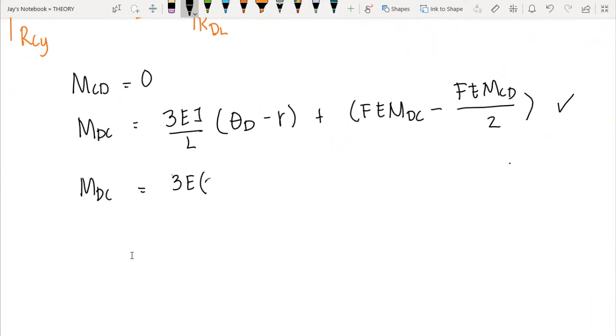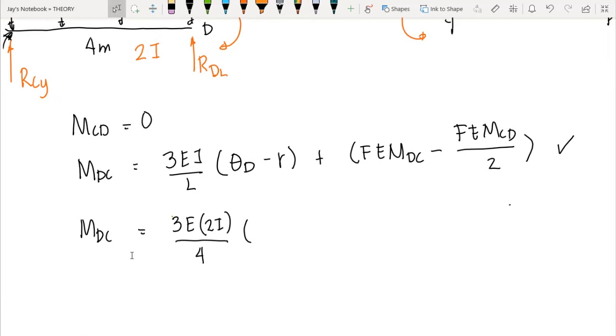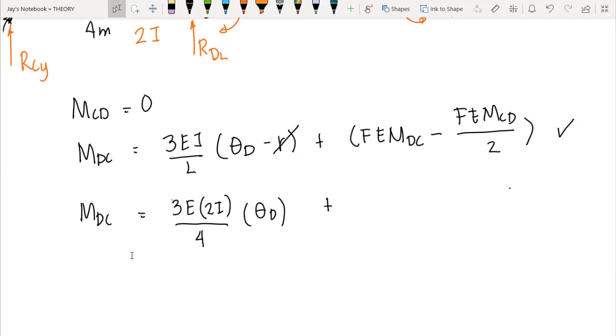That means we will be using that value. We have 2I over the length, which is 4 meters, times theta D. Now again, we do not have chord rotation because we do not have sideways settlement in our frame system, so we let R equal 0. Then plus the fixed end moment DC.